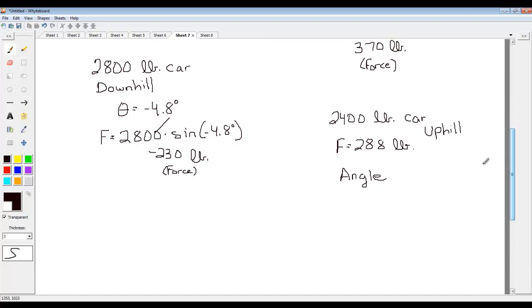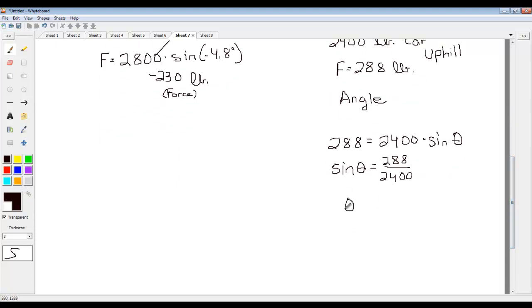In that case, you know that 288 equals 2400 times the sine of whatever the theta is, the angle. So sine of theta is going to equal 288 over 2400. And here's where you can use that inverse key. Theta is the inverse sine of 288 over 2400.